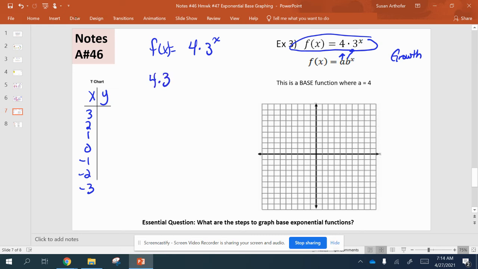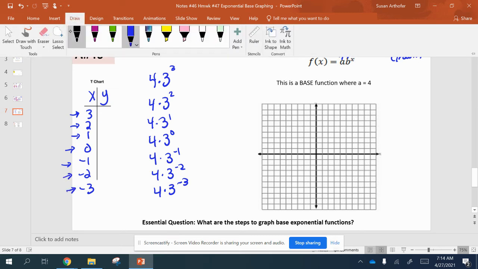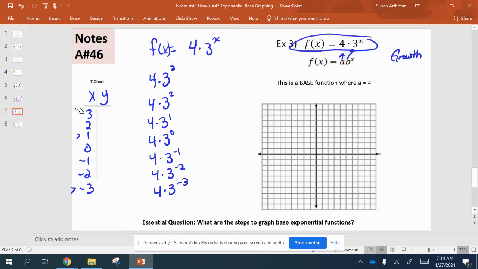I'm just going to write them all out. 3 to the third, then when your exponent is a 2, when your exponent is a 1, 0, a -1, a -2, and a -3. So we just plugged all of those in for x, right? And then we'll do the math.